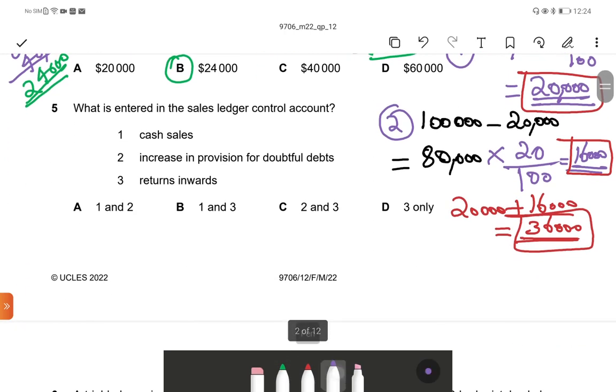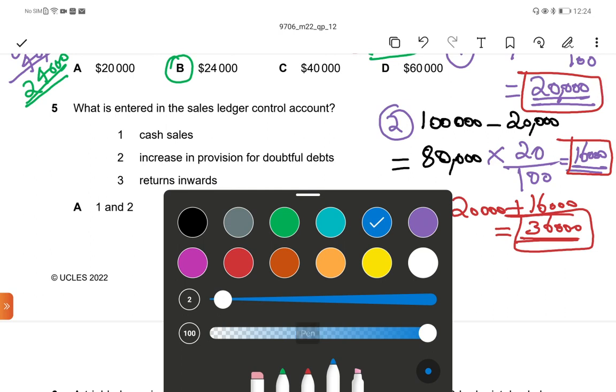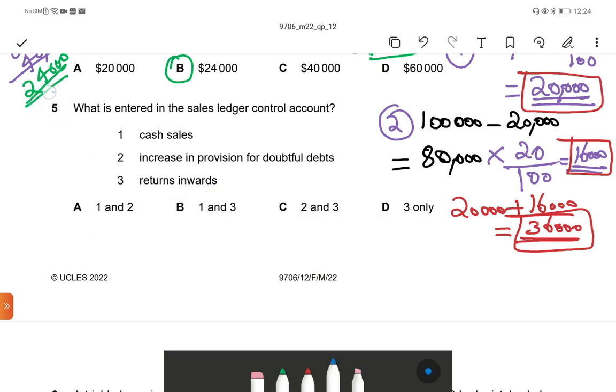Next, question number 5. What is entered in the sales ledger control account? Sales ledger control account means the total trade receivables or debtors account. So they have given the option cash sales.